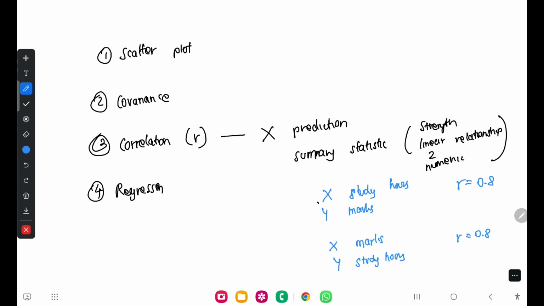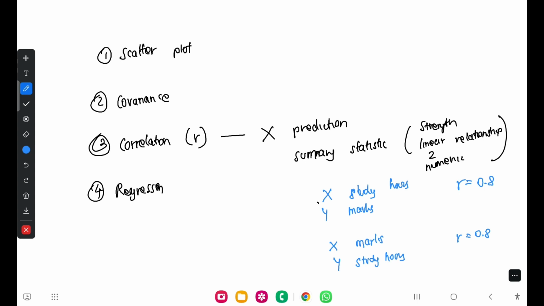That is because it doesn't consider what is independent and dependent. Because of that, you can't do any predictions, because to make a prediction, you have to give an indication of what is dependent and what is independent. So, without knowing that, you can't use it for prediction. That's the main disadvantage in correlation.